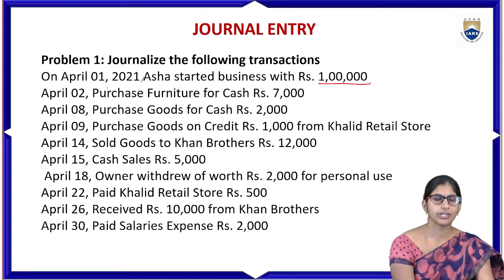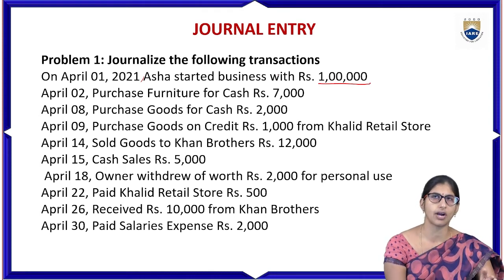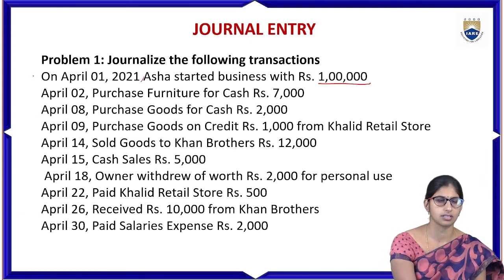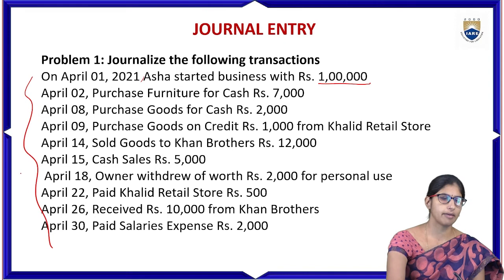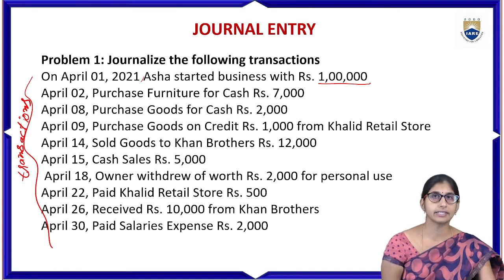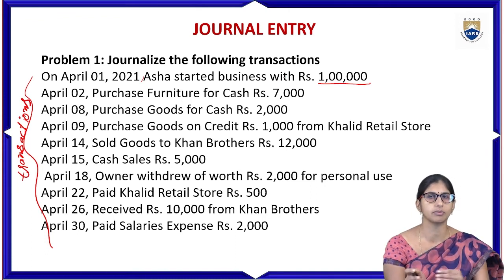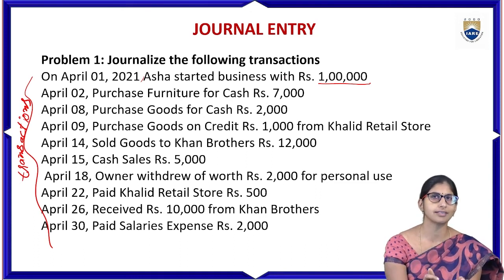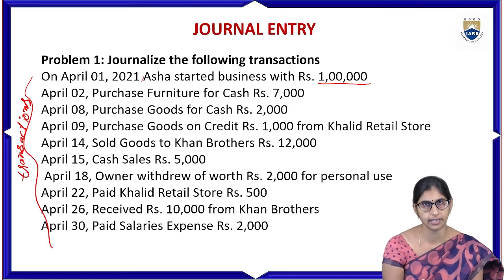So here, first of all, we need to identify a few transactions. And all these transactions have to be recorded in journal entries. Entry means each transaction we are differentiating with one debit aspect and the other credit aspect.